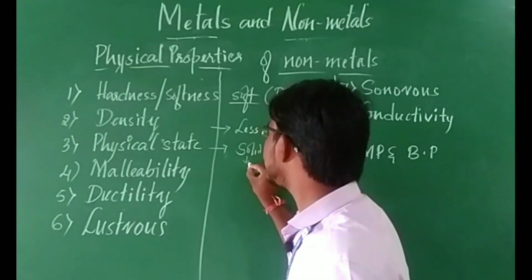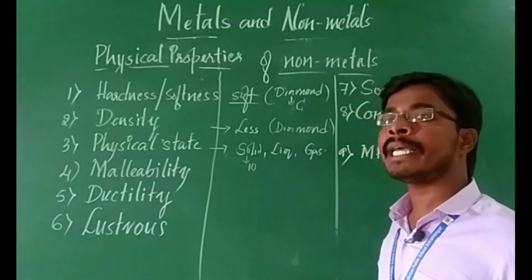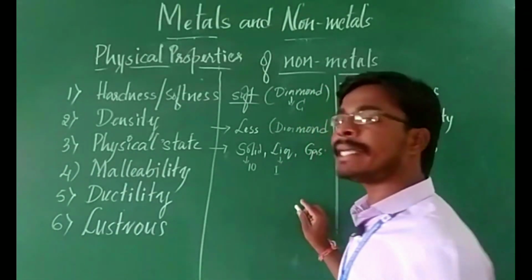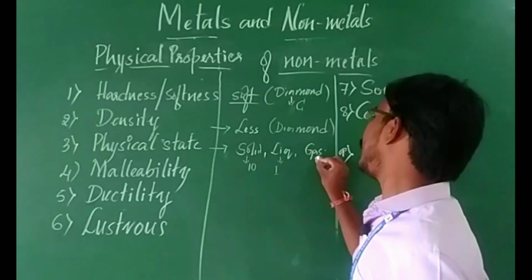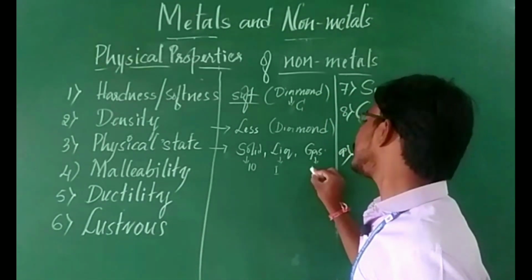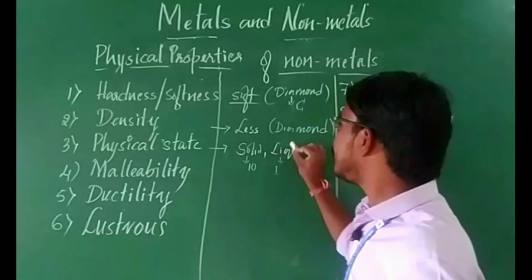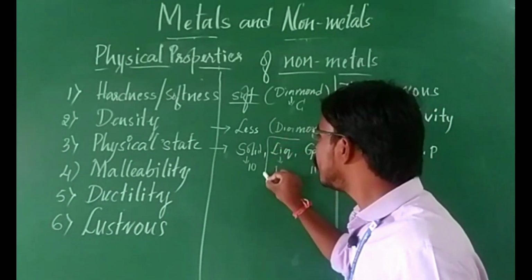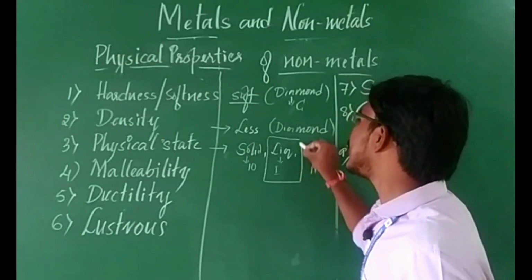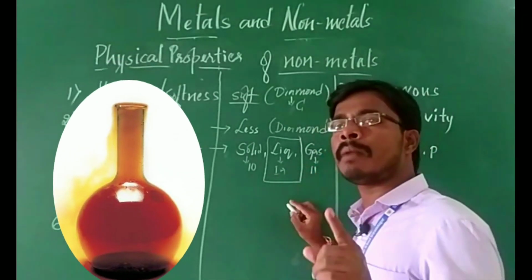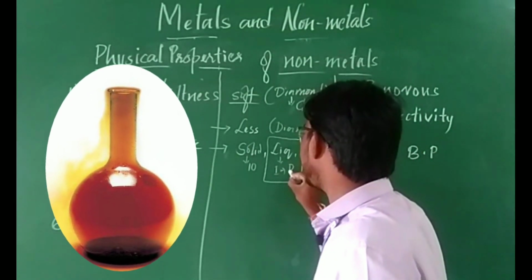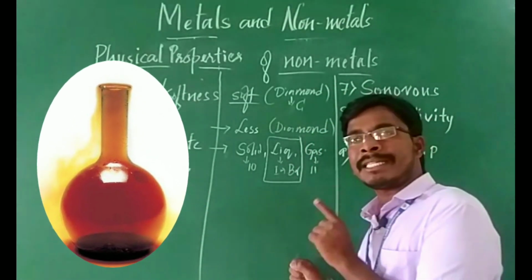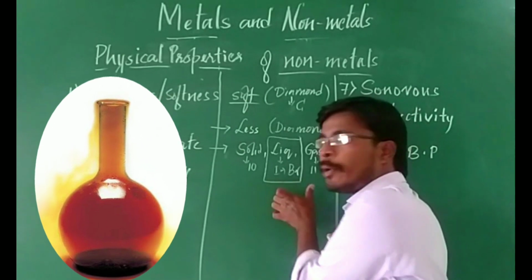Of those 22, 10 non-metals exist in the solid state, only one non-metal exists in the liquid state, and 11 non-metals exist in the gaseous state. They may ask a simple question: which non-metal exists in the liquid state? Only one non-metal exists in the liquid state, and it is bromine.